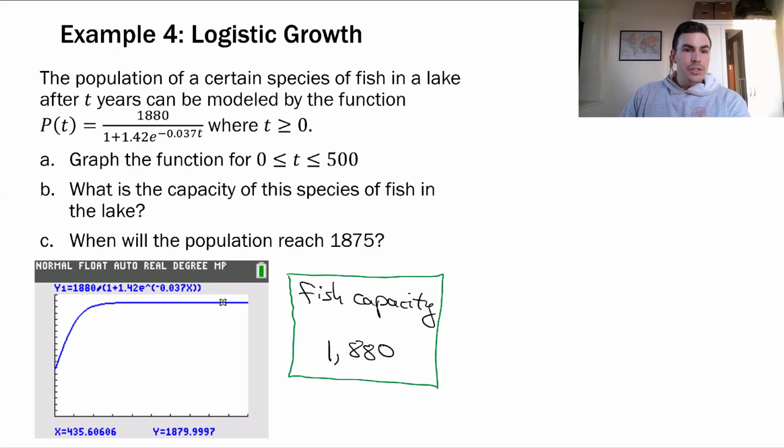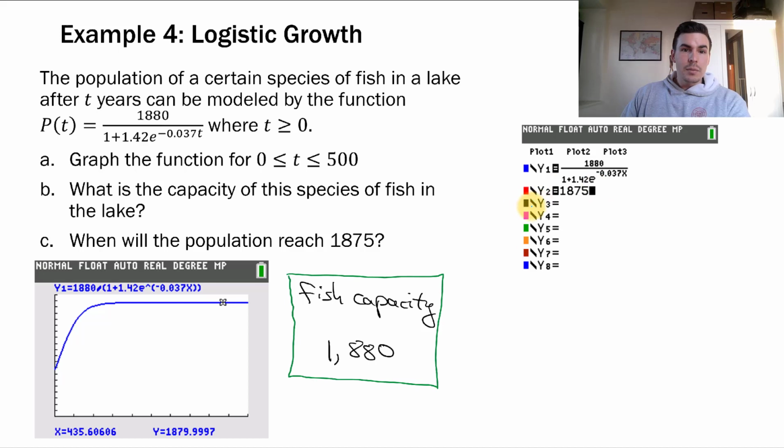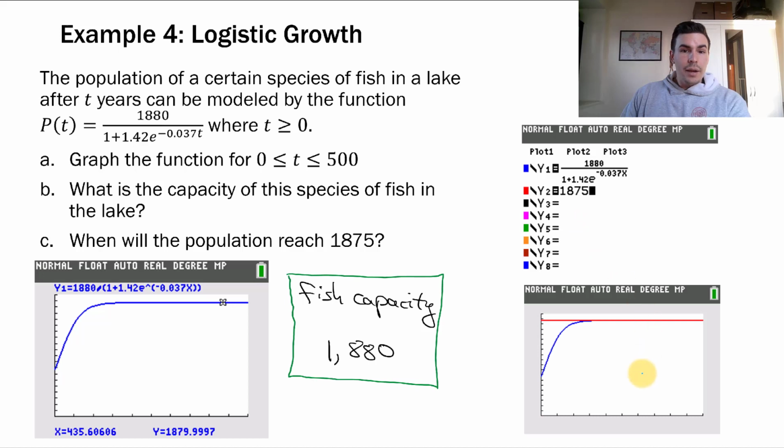When will the population reach 1,875? One way to do this with your graphing calculator is to set up another y equals. Set up Y2 equals 1875. That's going to give you a horizontal line, and then you can use your calculator to see where that intersects.